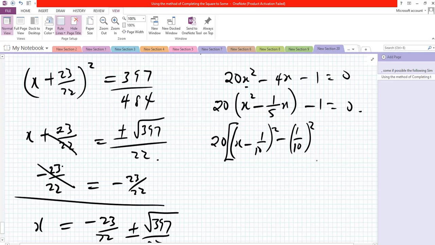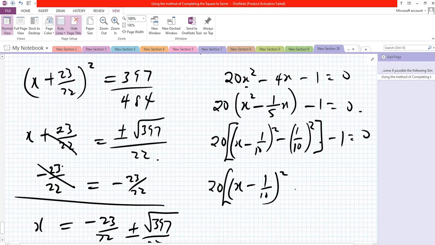Now bracket minus 1 equals to 0. So we have 20 x minus 1 over 10 all squared minus 1 over 100 minus 1 equals to 0.